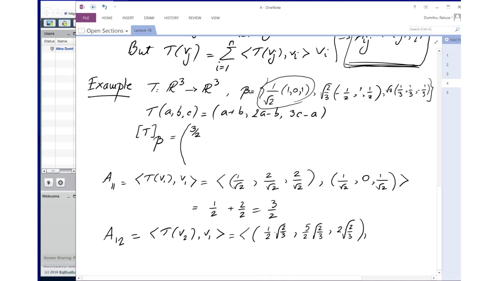Inner product with V1, and that is 1 over 2 square root of 3 plus 0, like that's 0, plus 2 over the square root of 3.